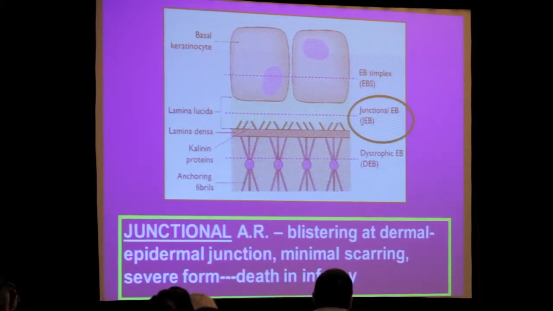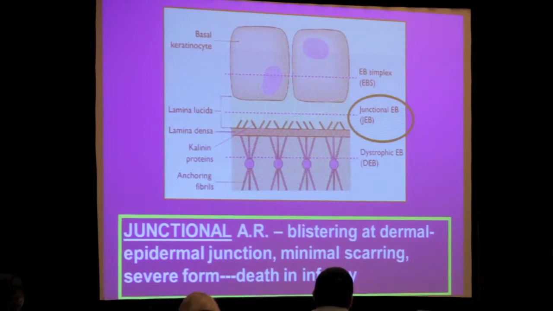The second broad category, of which there are many subcategories, is junctional EB, and this form of epidermolysis bullosa in general is considered lethal, although there is some new data that hopefully will improve this condition.